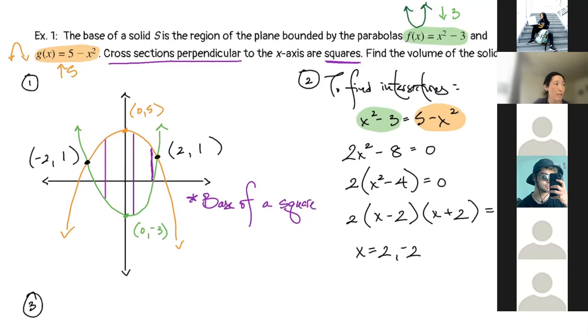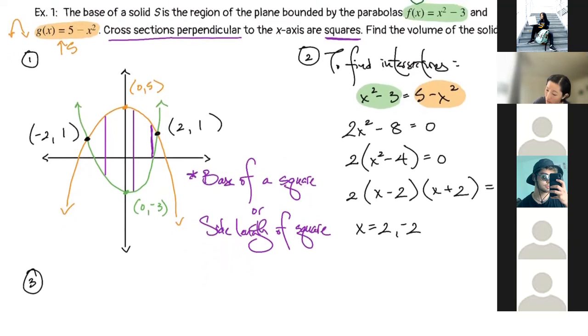Okay, so the base of a square, or one might say the side length of a square. Okay, so the base of a square or the side length of a square. All right.